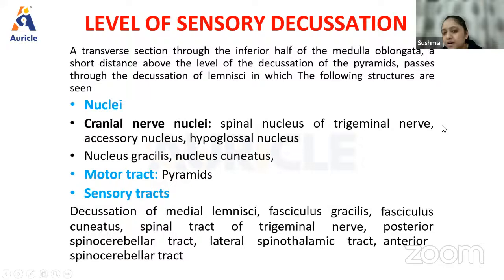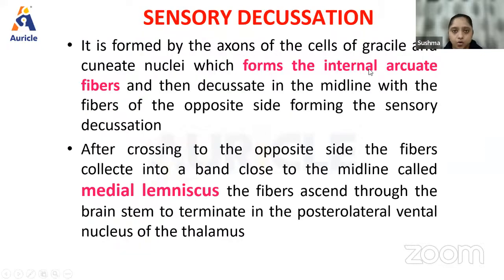Okay, same cranial nerve nuclei are also present. Same nucleus gracilis, same nucleus cuneatus, same pyramidal tract. Only difference is in the sensory tract, you have the decussation of the medial lemniscus. Medial lemniscus is a part of dorsal column pathway. Remember, and also you have the fasciculus gracilis and fasciculus cuneatus. Right? Rest everything else is the same. Only difference is the presence of this fasciculus gracilis and cuneatus.